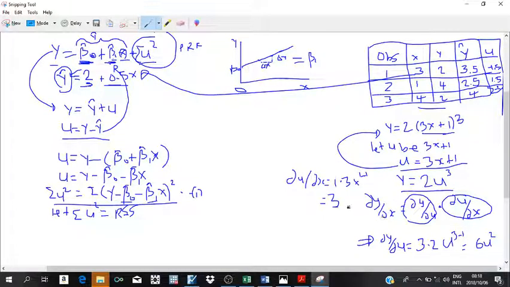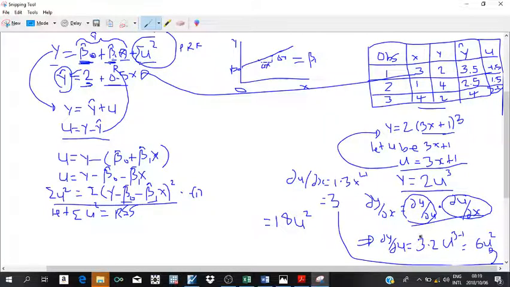Because it's a product according to this formula, it's 3 times this, which means we can write this as 18u squared.